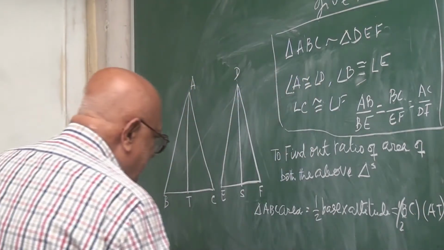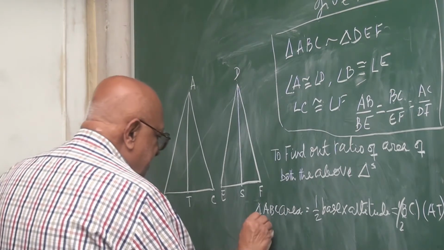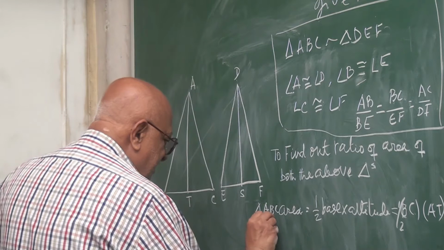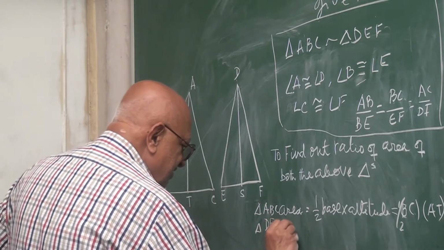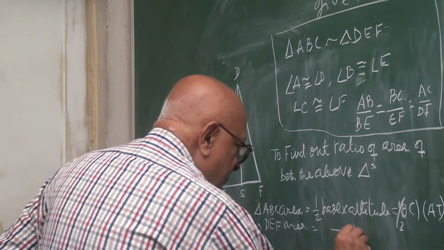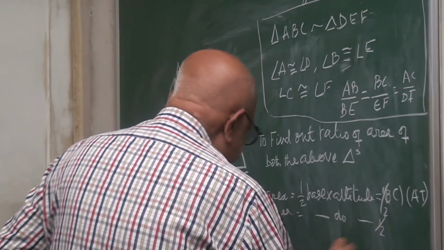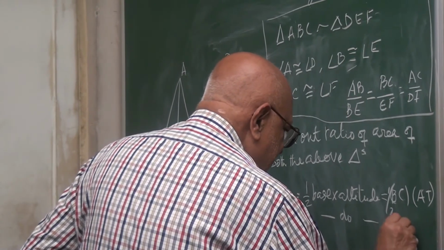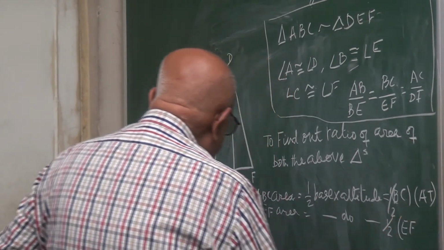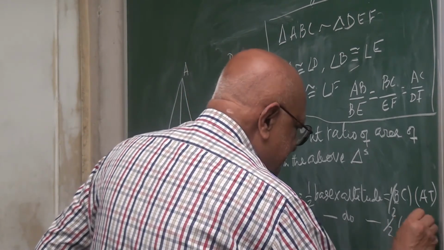Similarly, for the area of triangle DEF, half base into altitude, it will be half, this time EF and DS.